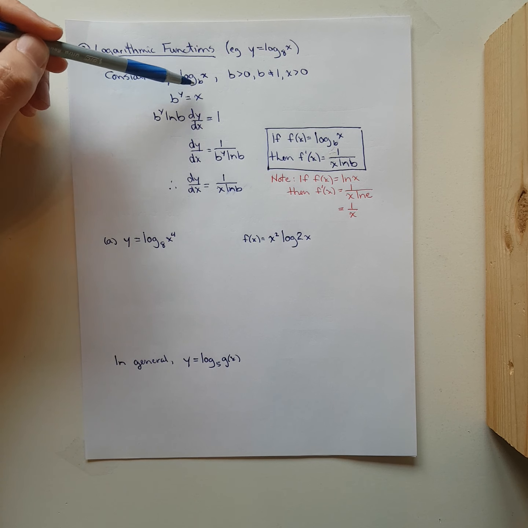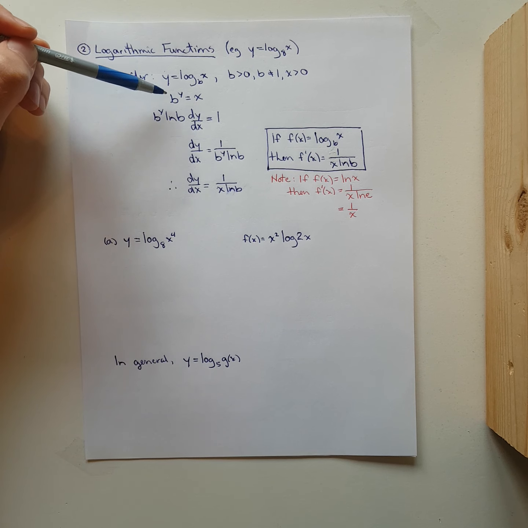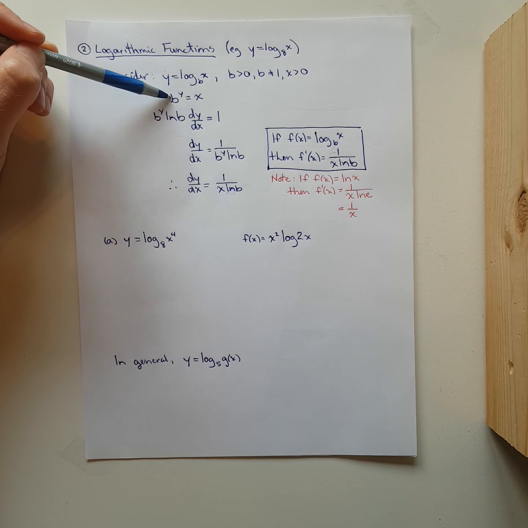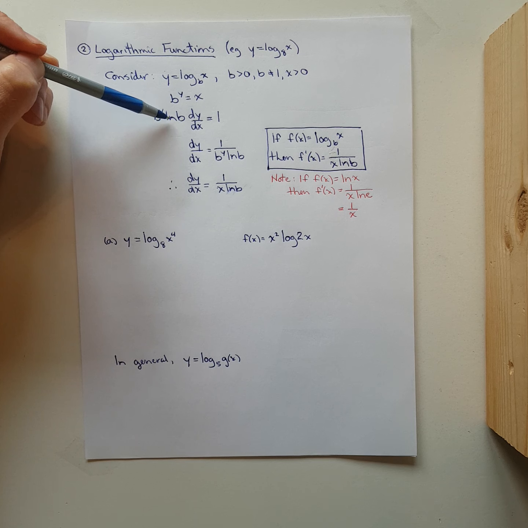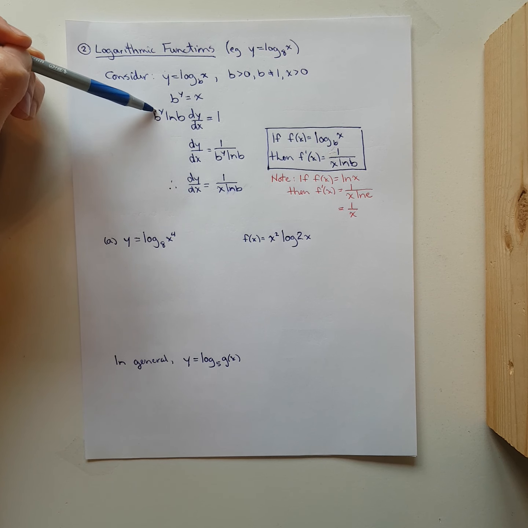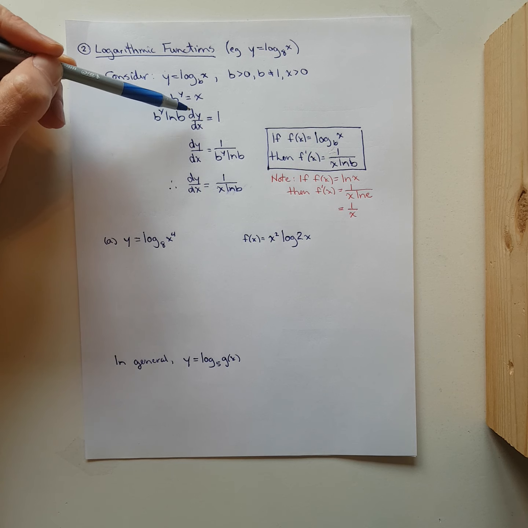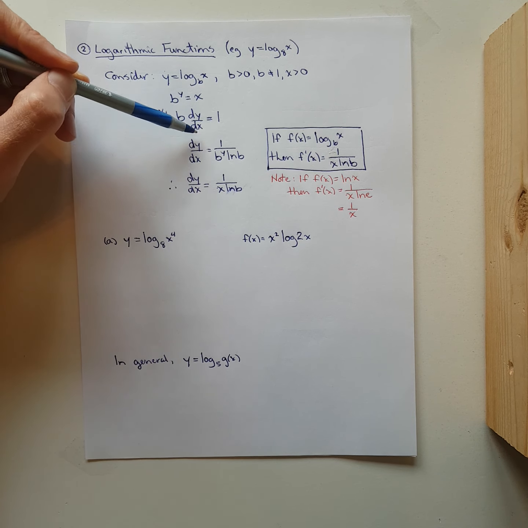Since we just developed a rule for any exponential function, I'm going to now use that rule on the left-hand side. If I take the derivative of any exponential function, I get the exponential function again, multiplied by the ln of the base, in this case base b, and because our variable is y, I have to multiply by the derivative of y, so dy by dx.